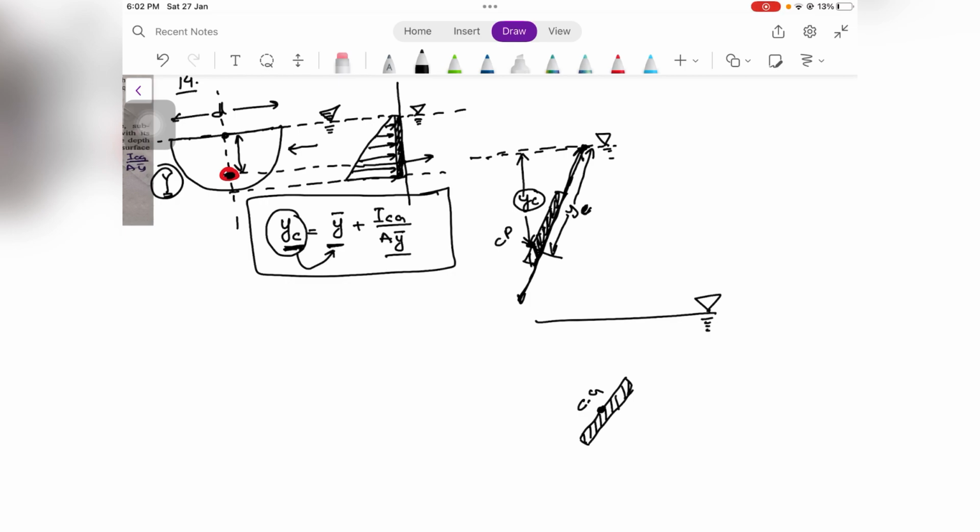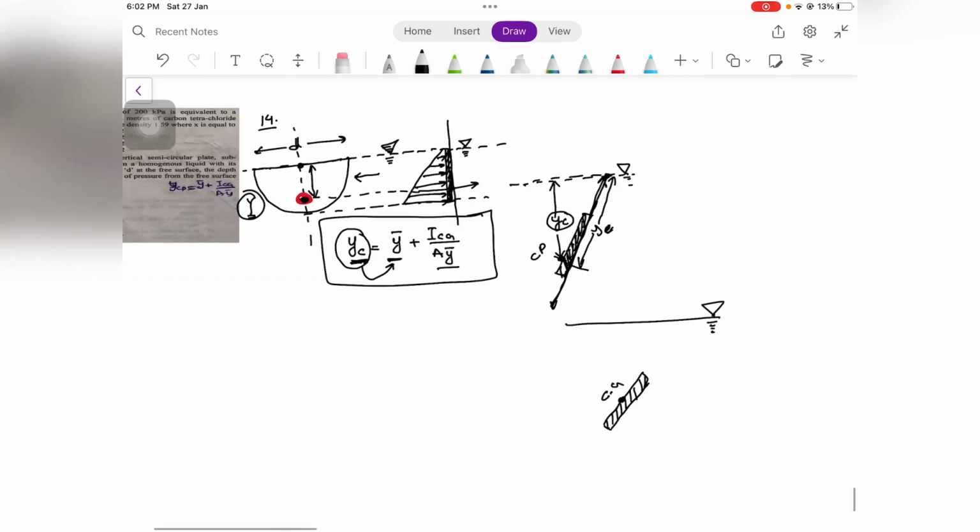The distance between the position of the center of gravity on the plate and the free surface is what this Y bar means.